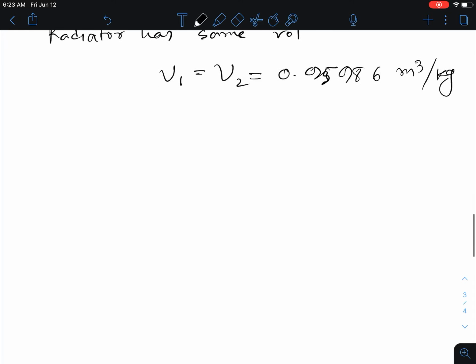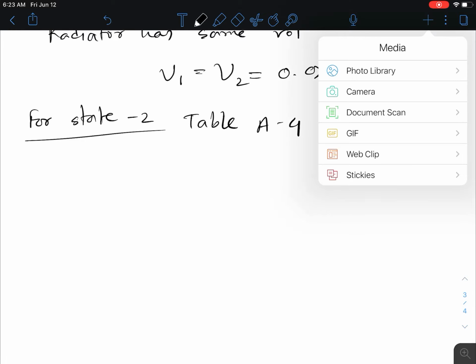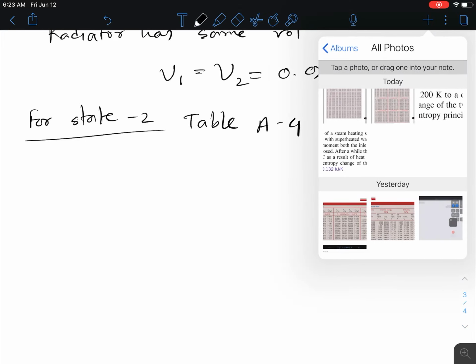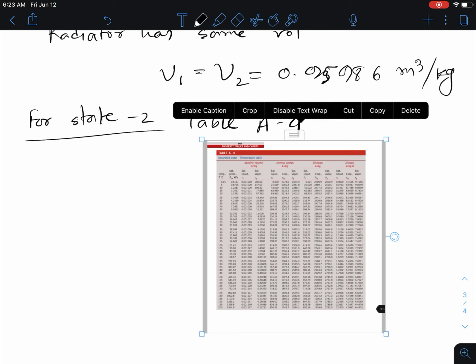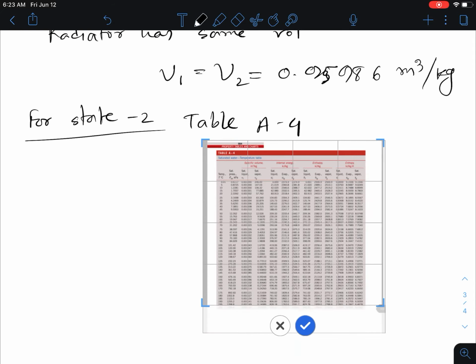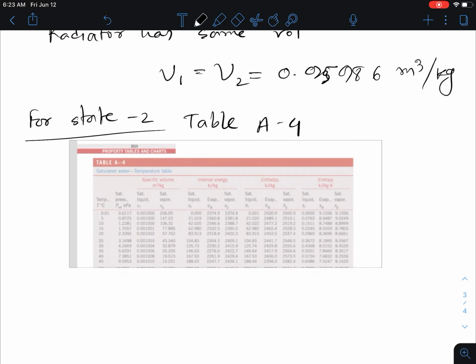Now for state 2 we are going to use table A4, right? So let's go ahead and bring this table here. So this is my table A4. I don't need all this information, so that's how I'm going to crop it. I need 40 degrees C, which I have here, right?